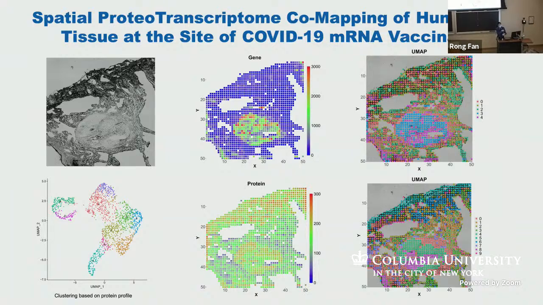This is post-Moderna vaccine, I think the second dose, and we took a little bit of skin from the vaccination site and looked at all the immune cells, and also the skin epidermal cells. I'm not going to go into the details, but you can just see how beautiful this spatial gene expression clustering and the spatial protein clustering is.